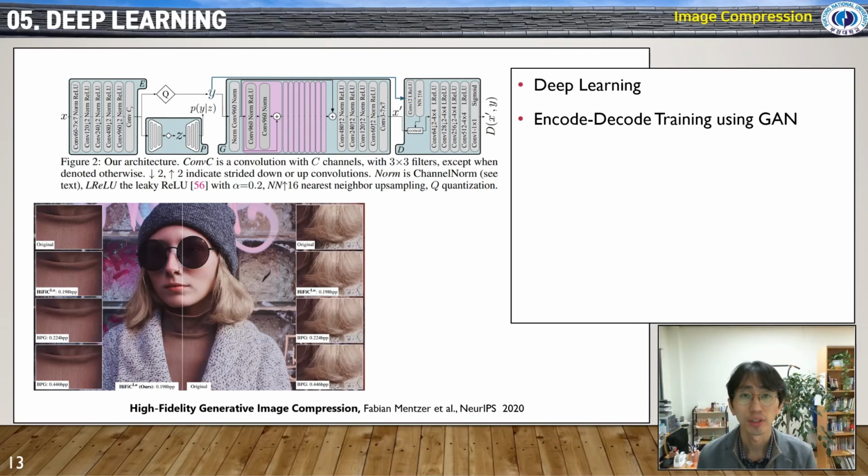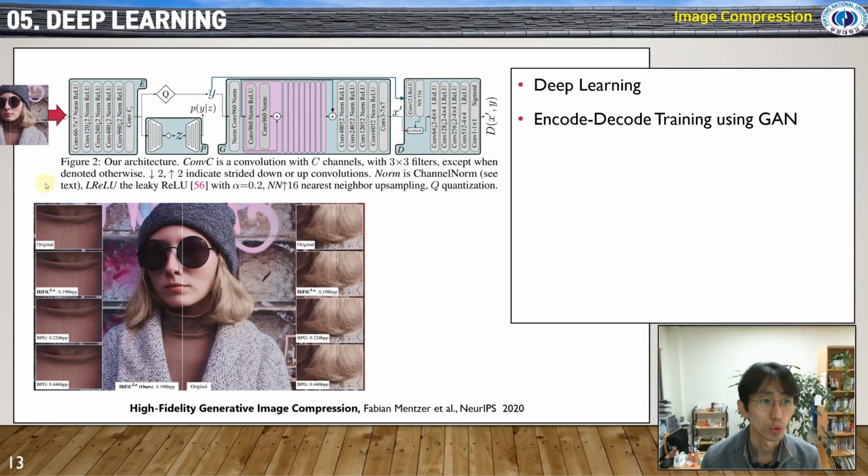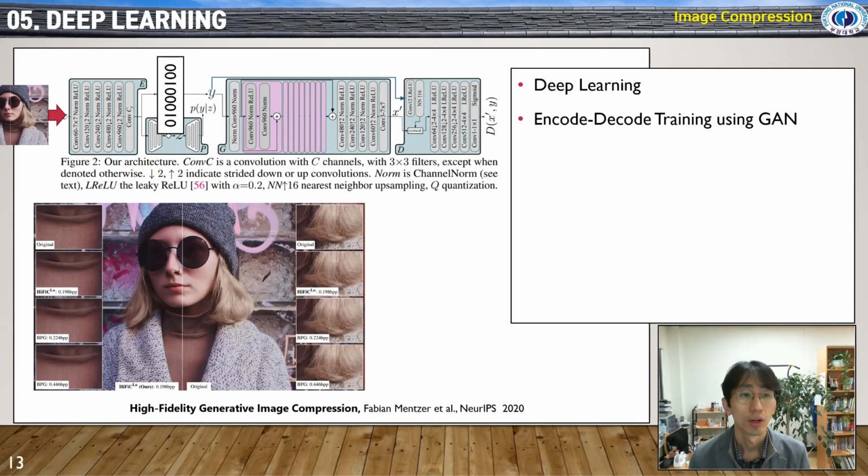First let's see the input. Here, the input is the original image, and we put this into the first module, and the first module gives us a vector which may express the original image.